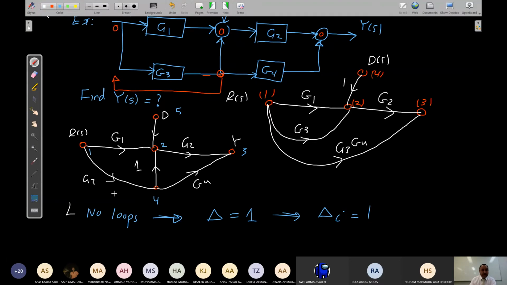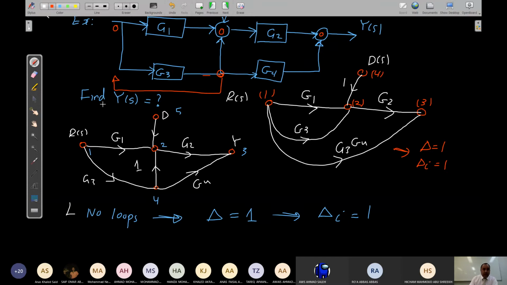Now, before finding the paths, for this one, do I have loops? No. So the same. For this one, if I'm using this one here, I'm still having delta equal to 1 and delta i equal to 1, correct?